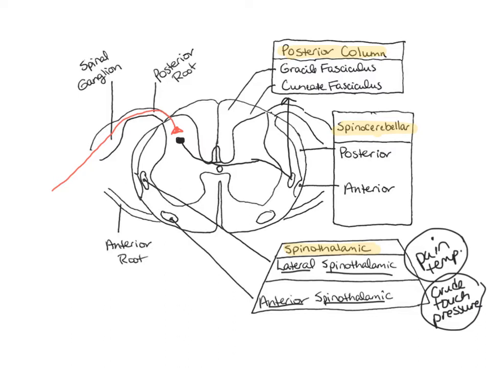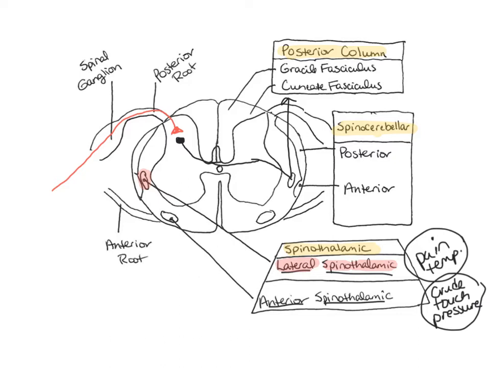And you can just see why we call one lateral and one anterior. See this lateral one right here? It's in the lateral white column right here, right? So it's going to go up to the brain in that lateral white column. That's why we call it the lateral spinothalamic. It's lateral because it's going up the lateral white column, and spinothalamic because it's going from the spine, up the spinal cord, up to the thalamus.